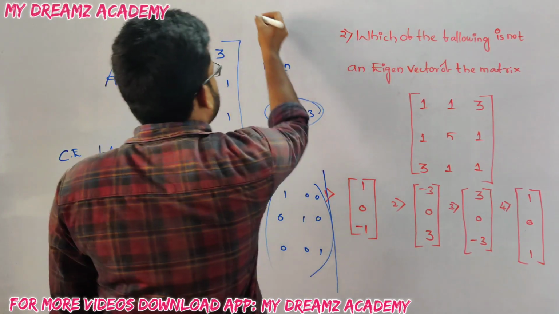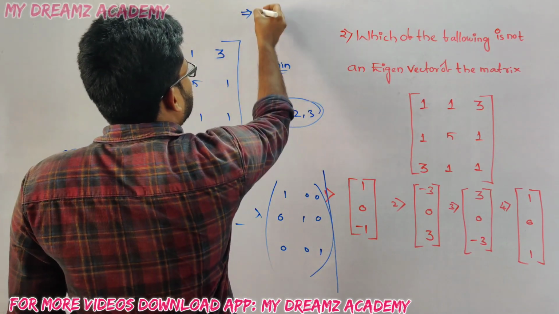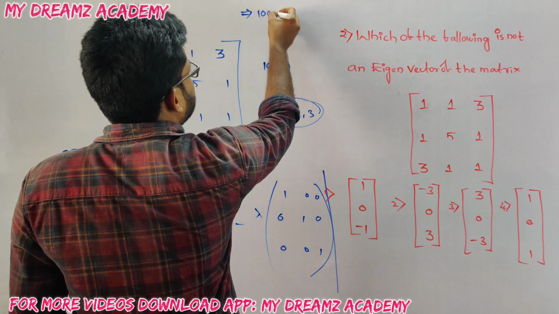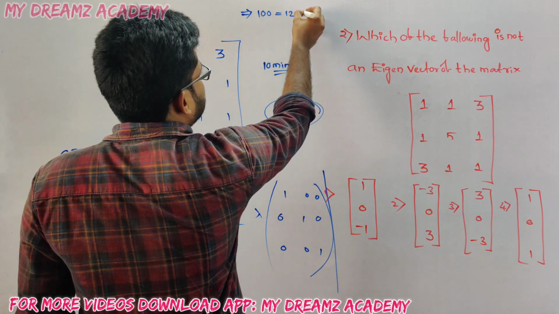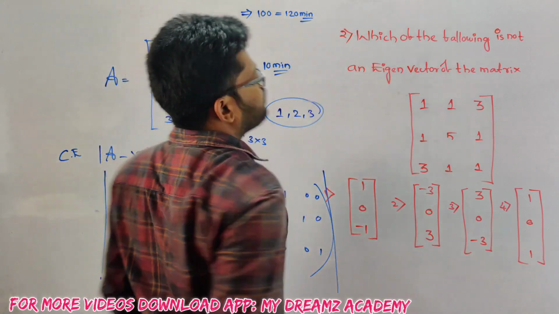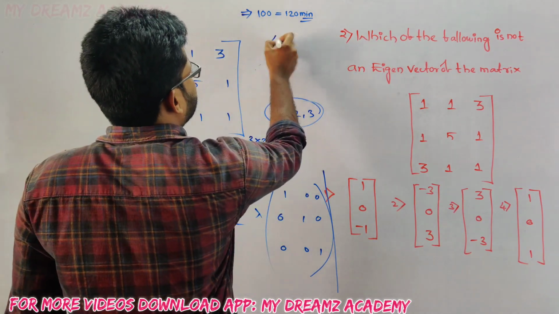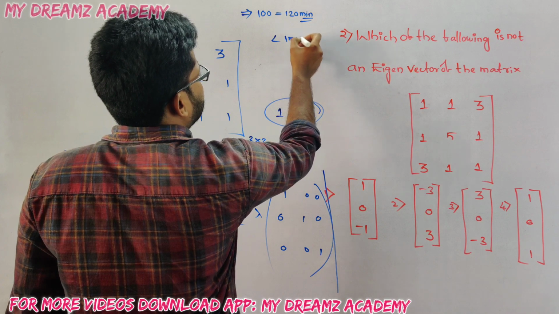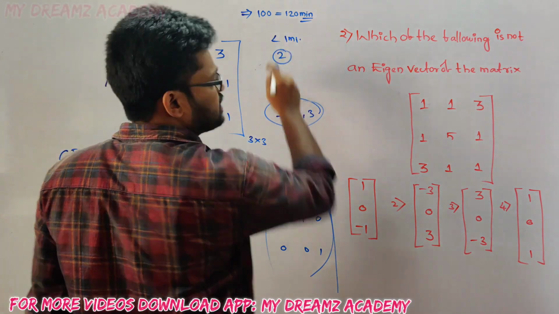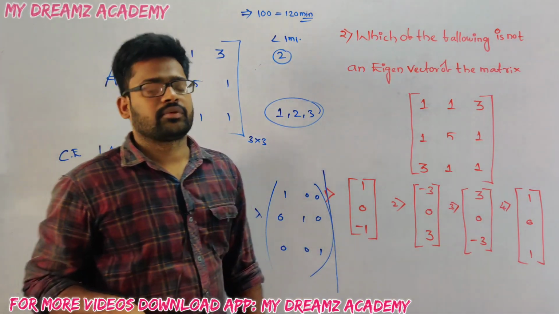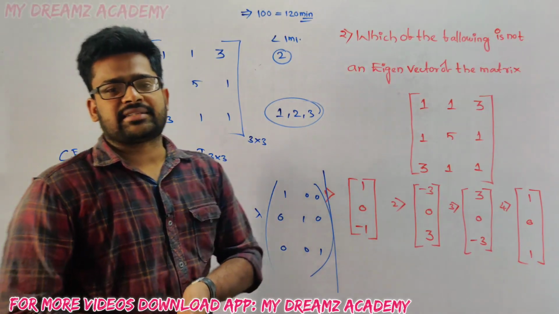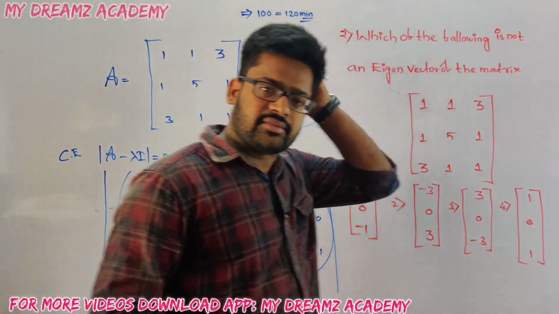Okay, but in the examination contains 100 questions, 120 minutes. Okay, you have to solve that question less than 1 minute. Maximum you need to take 2 minutes, not more than that. Okay, but it will take 10 minutes. Then how to solve this question?